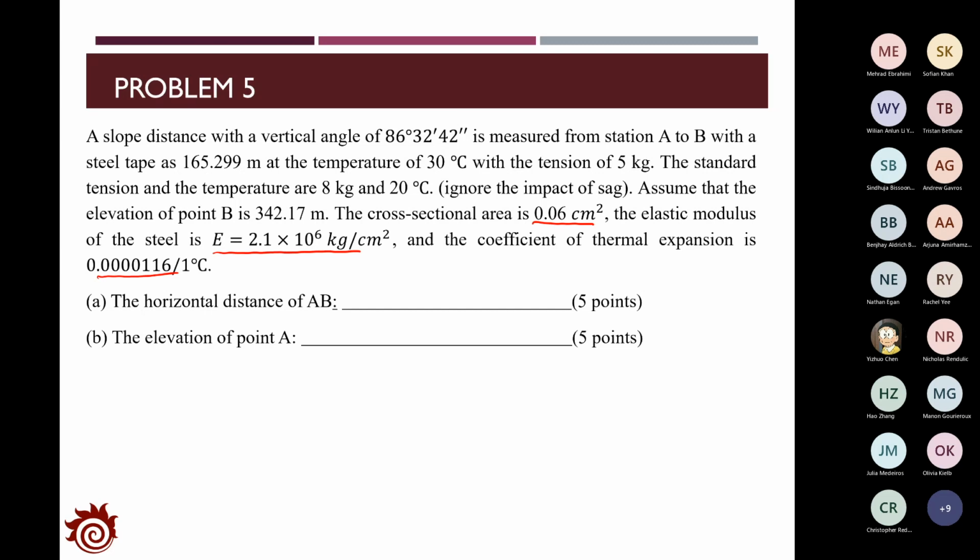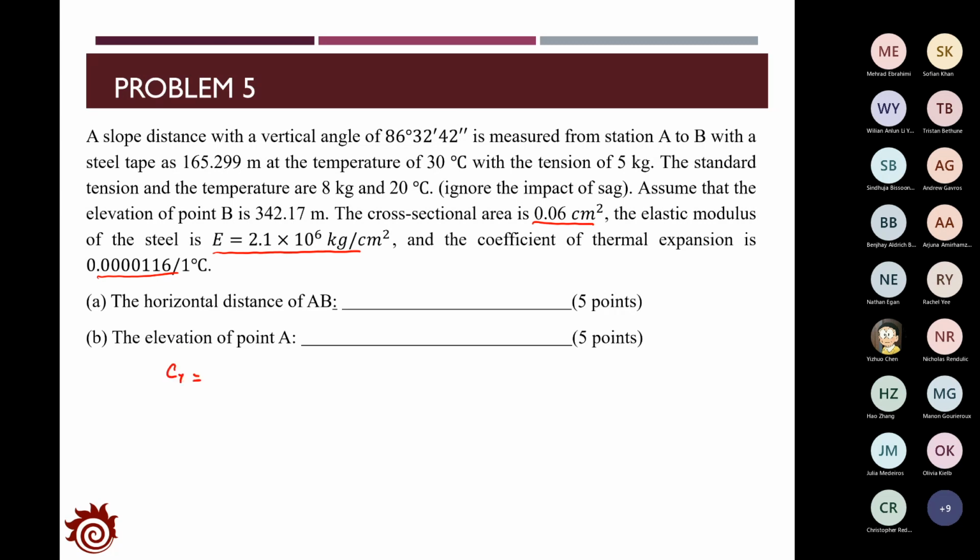So here, in this problem, I want you to do the calculation of the horizontal and vertical distance, and also find out the elevation of one point, and also try to understand the relationship between the zenith angle and the vertical angle. To solve this problem, if you know the features of the tape, you will need to consider the corrections of the temperature and the correction of the tension.